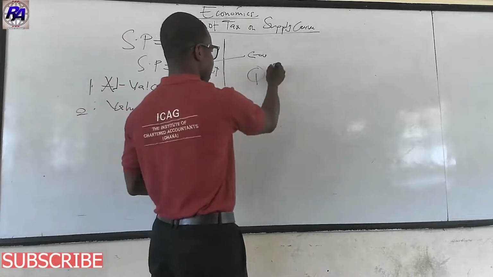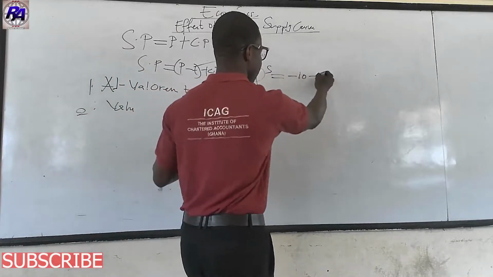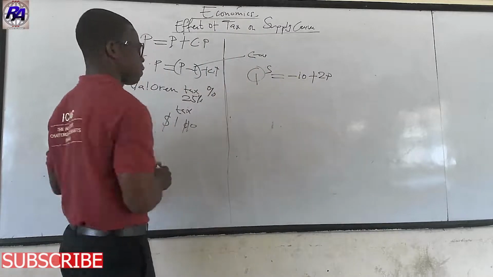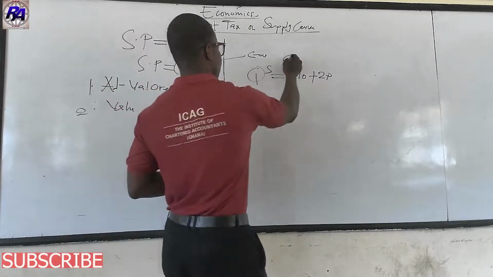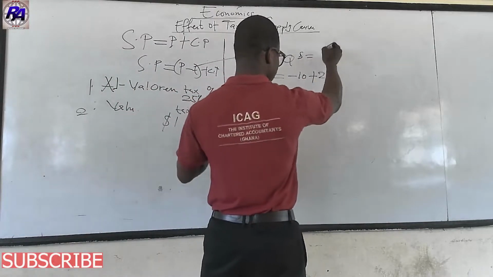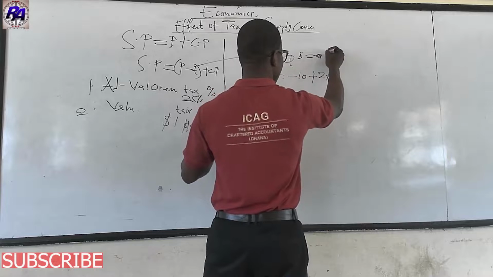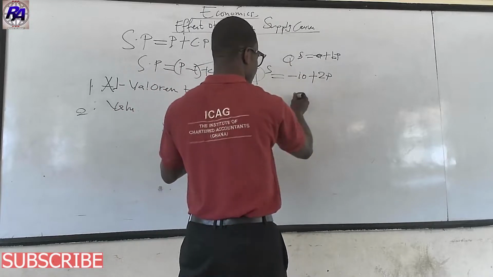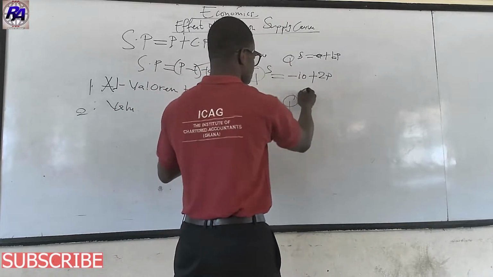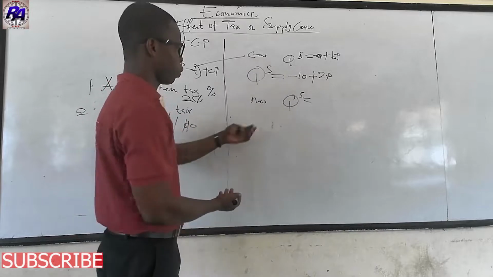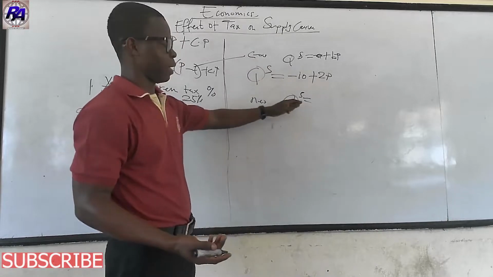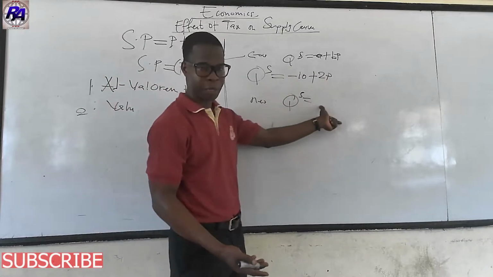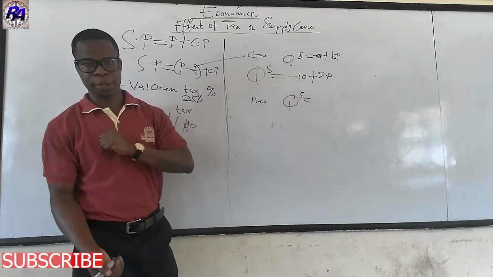Assuming we have a supply function of negative A plus BP, then if it is an ad valorem tax, we are supposed to get the new supply function after tax first, before you find the equilibrium price and quantity after tax, because you are supposed to get the quantity first before you equate it to the demand function.